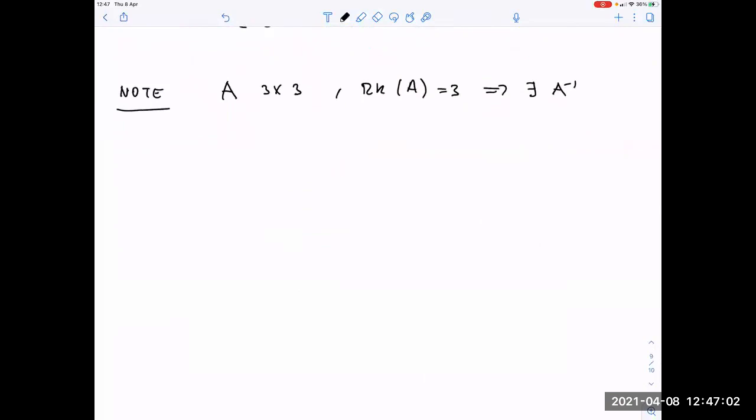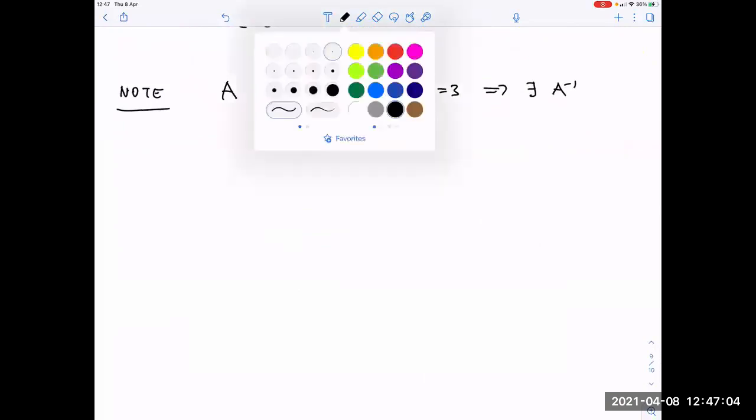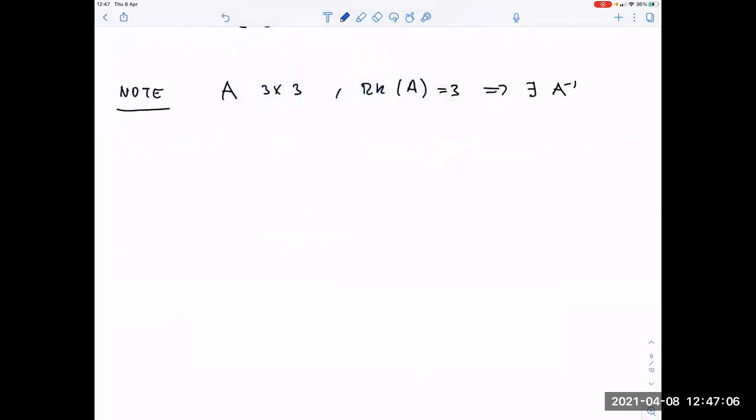So let's do a similar analysis here. Now, we want to solve a linear system of equations adding parameters.